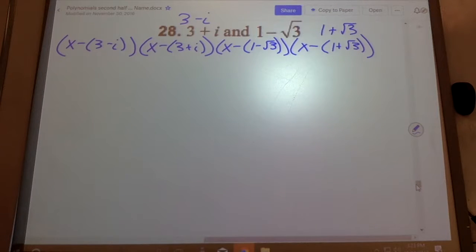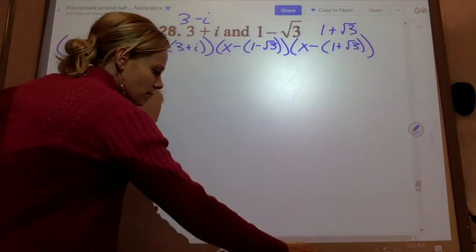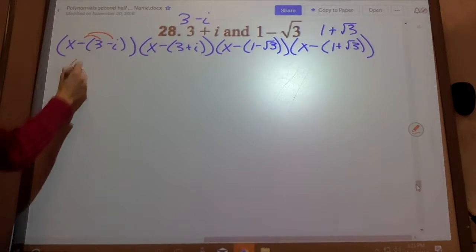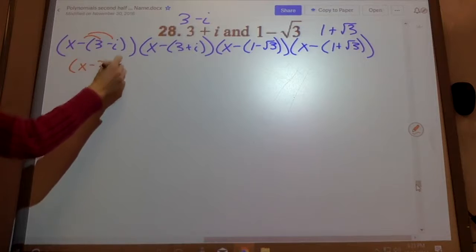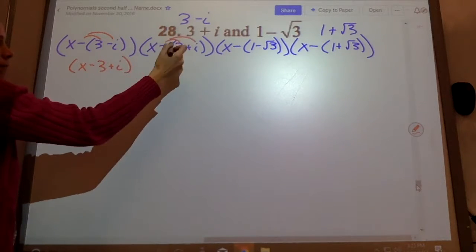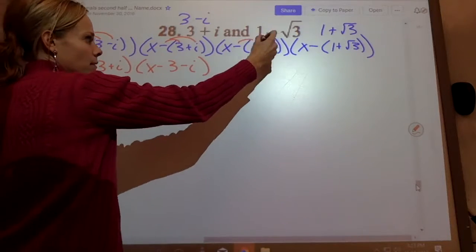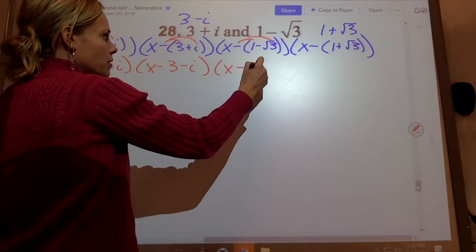Right? Get rid of the double parentheses by distributing the negative through, right? Distribute the negative through. Again, right? Get rid of your parentheses by distributing.